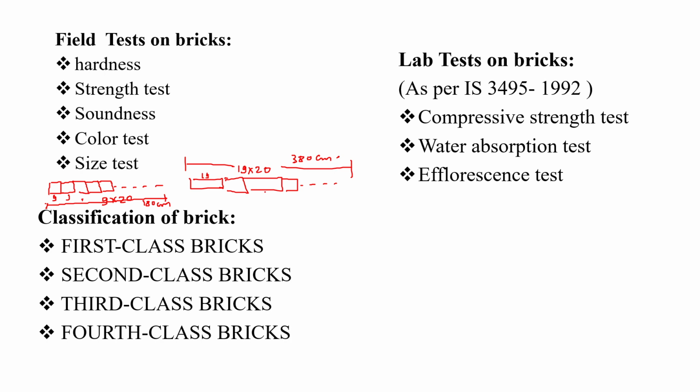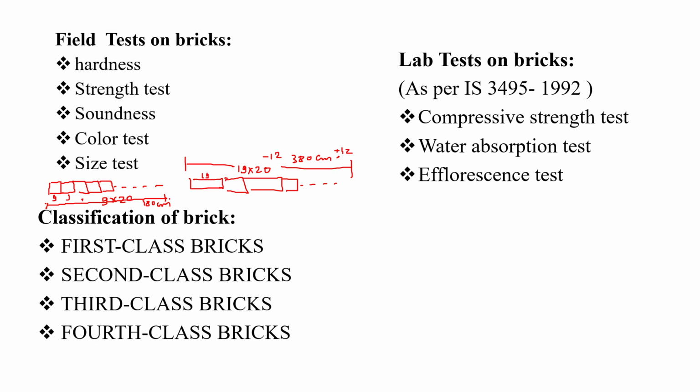It should be this if they have the standard size, but there is a tolerance limit. It might be 12 centimeter less or 12 centimeter more. Beyond this range, the variation should not be there.